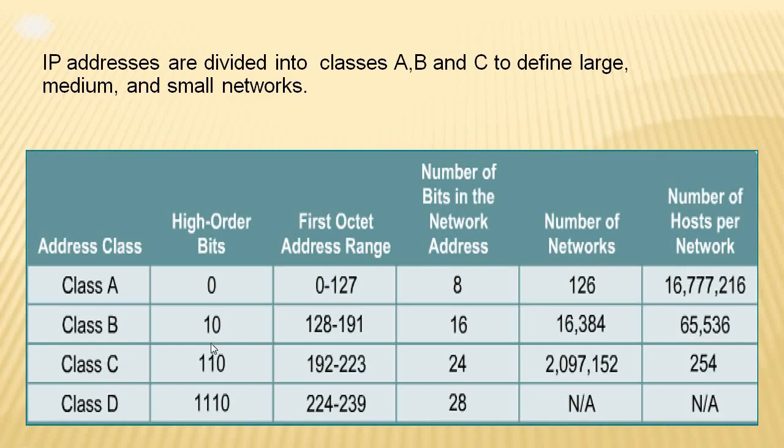In Class B, the higher-order bits are 10, with the first octet address range, number of bits, and number of networks. In Class C, similarly the higher-order bits, first octet address range, bits per network address and number of networks are mentioned. So these are the IP addresses divided on the basis of class, showing large, medium and small networks.